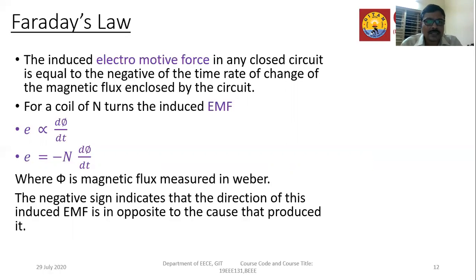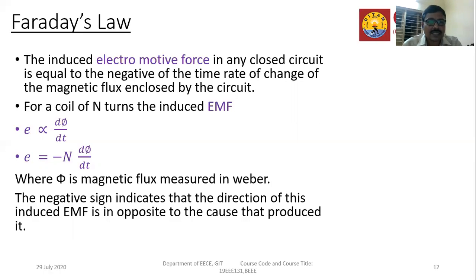For a coil of n turns, the induced EMF E is proportional to d by dt of phi, where phi stands for magnetic flux measured in Webers, and E is equal to negative of n multiplied by d by dt of phi.